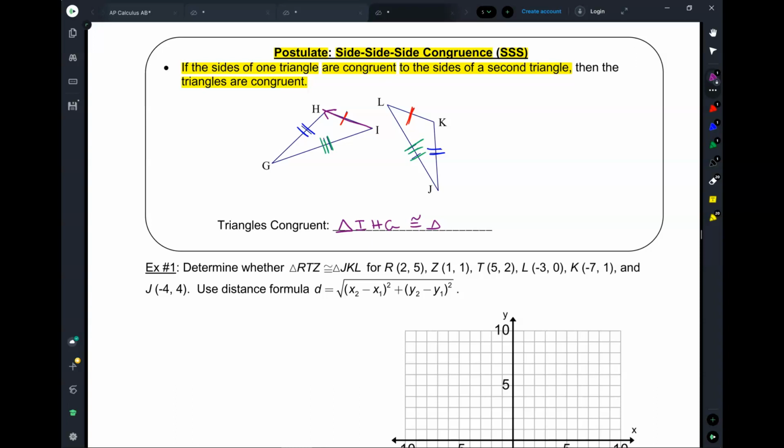LK. So LK in that order, right? LKJ. Also, the L has like a pointier thing, so does the L. Sometimes you can do that. Sometimes you can't, because the triangles don't need to be drawn to scale. So always go with the corresponding parts, okay?